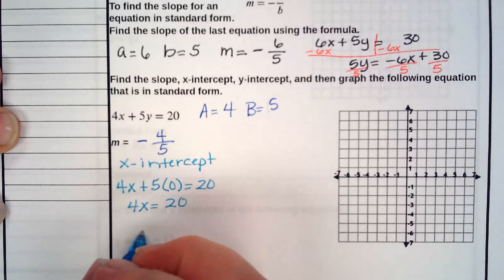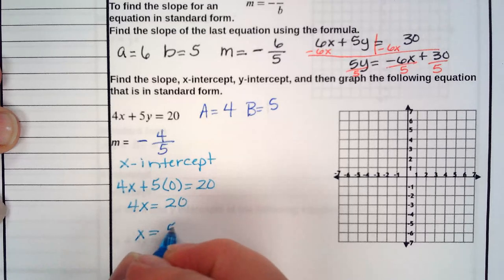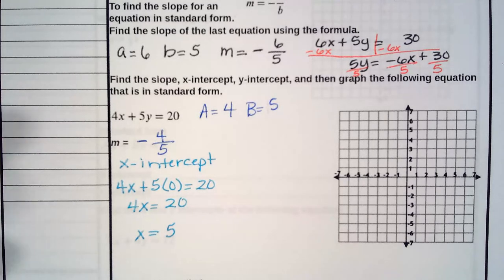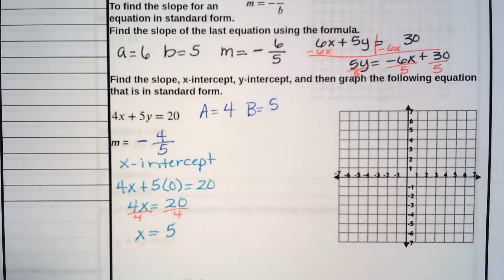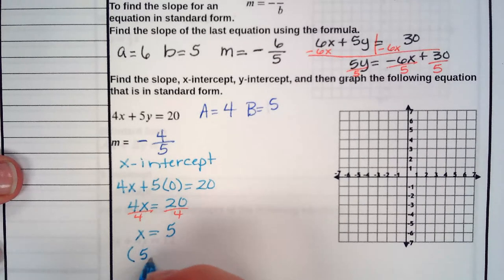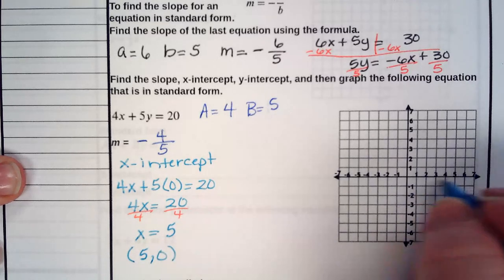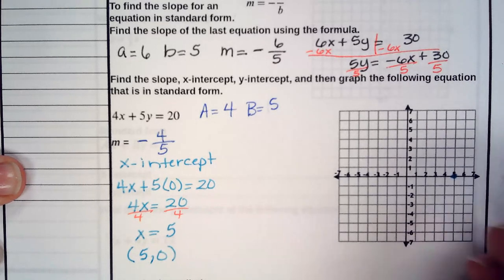Divide both sides by 4, and x is equal to 5. This is the point (5, 0). (5, 0) is right here.